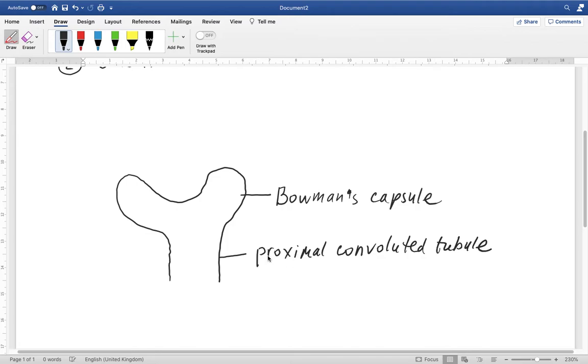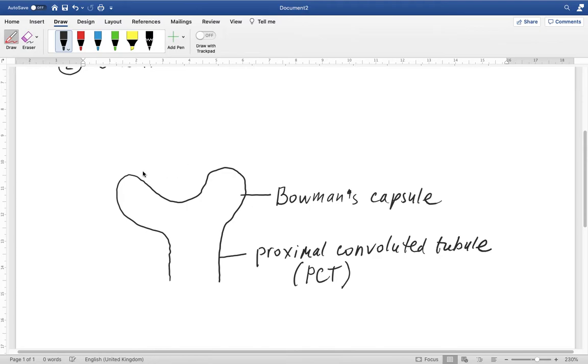Imagine you're a doctor who deals with urinary system issues. You don't want to be the one saying proximal convoluted tubule a few times a day. So this structure is abbreviated to PCT. PCT is a common abbreviation which you might come across in books, etc.